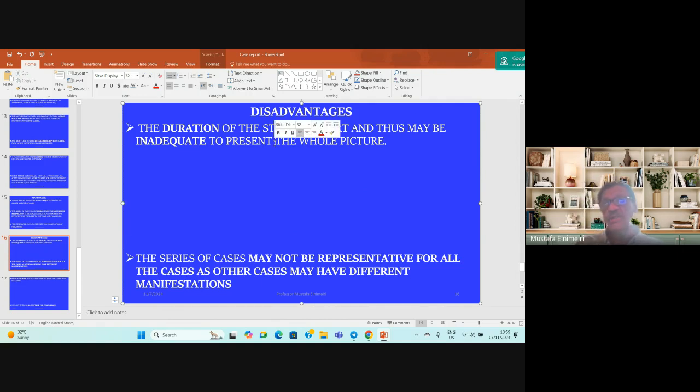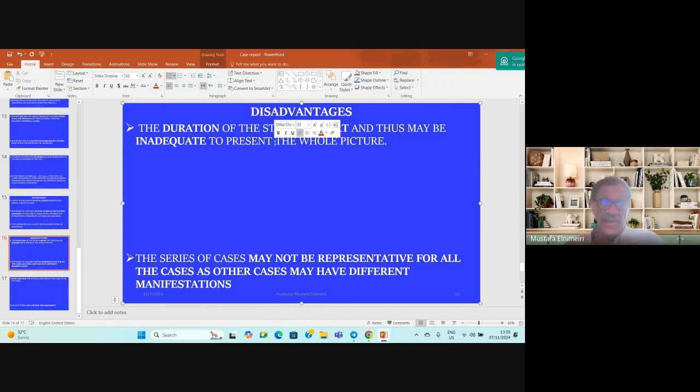Now the disadvantages of case series. The duration of the study is short and may be inadequate to present the whole picture. Maybe the information is inadequate to explain the whole clinical picture. For example, as the period is short, maybe the symptoms which we reported are inadequate to explain all the symptoms. The series of cases may not be representative of all cases.